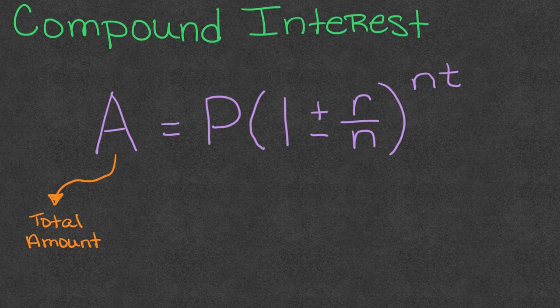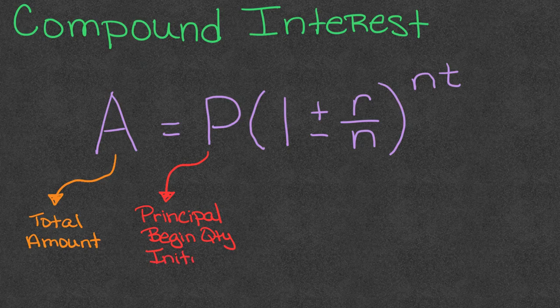Then we have P, and we mentioned that before. Our P is our principal. That's the initial deposit, the beginning amount, or the beginning quantity. Initial amount.